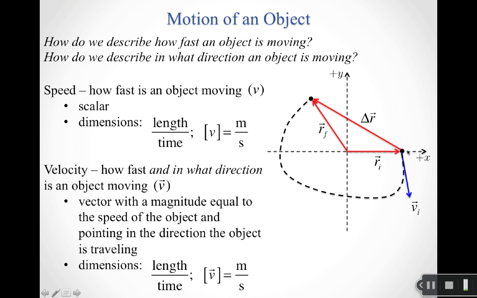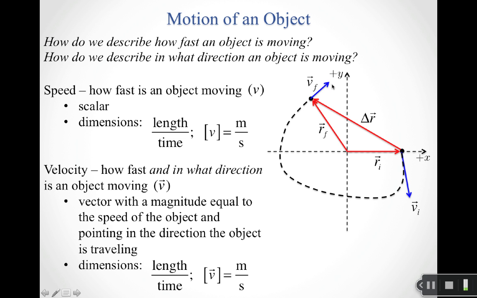So if, let's say at this initial point in time, my object was located there, there's the position vector, but it was traveling at a certain speed that's denoted by this length, right? So the magnitude of that velocity vector will tell you what the speed is, and it happened to be traveling in this direction. At some final position vector, well, now it's traveling in this direction.